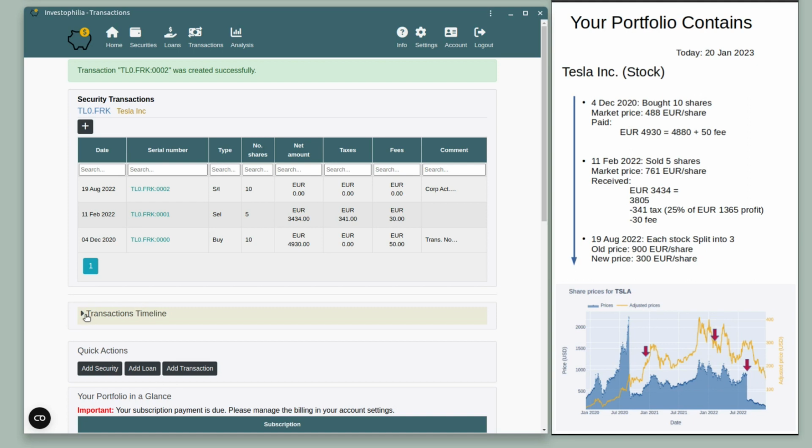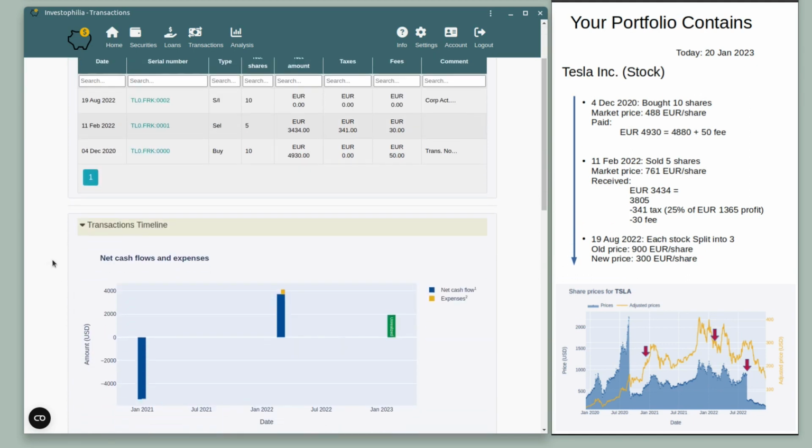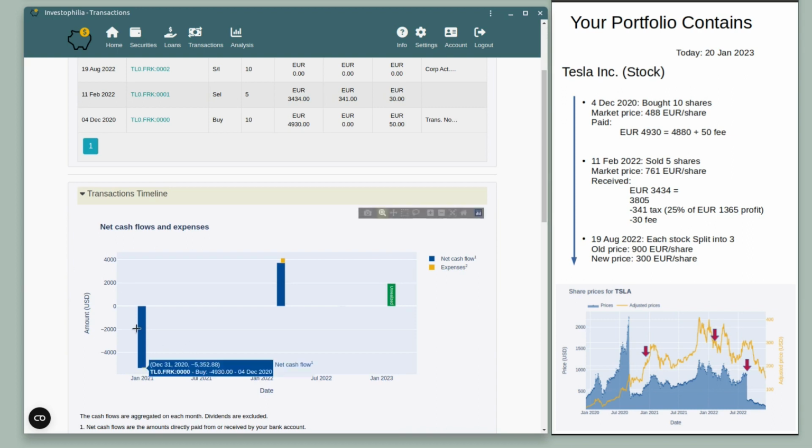And we can see in the transactions timeline panel what has happened to us. So this amount we have paid. If I hover over it, you see the amount that I have paid. So minus 4,930. Minus means that it went out of my bank account, and then I sold it.